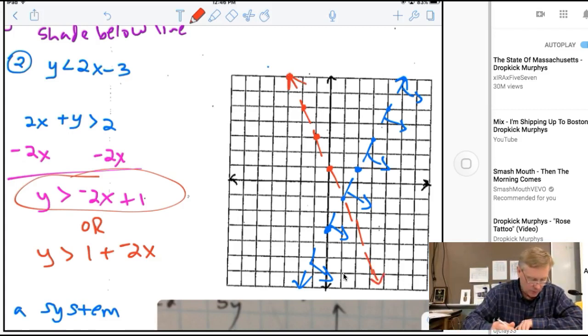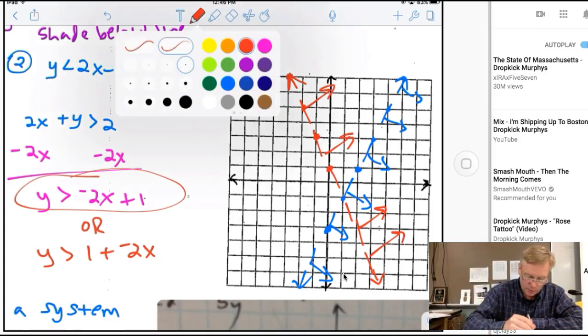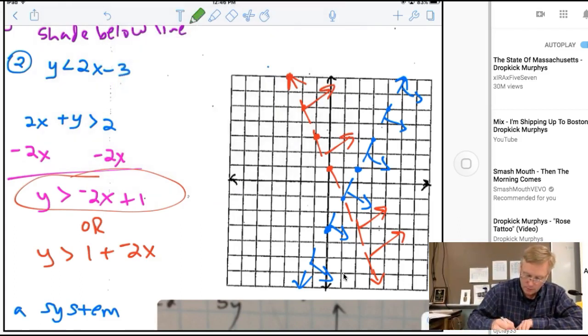Now this one is y is greater than, so I'm going to shade above the line. And the area that's going to be the solution will be where the arrows are pointing at each other. Here is the region where the arrows are pointing at each other, so anything in that shaded region there will be the answer. Okay. Got questions?